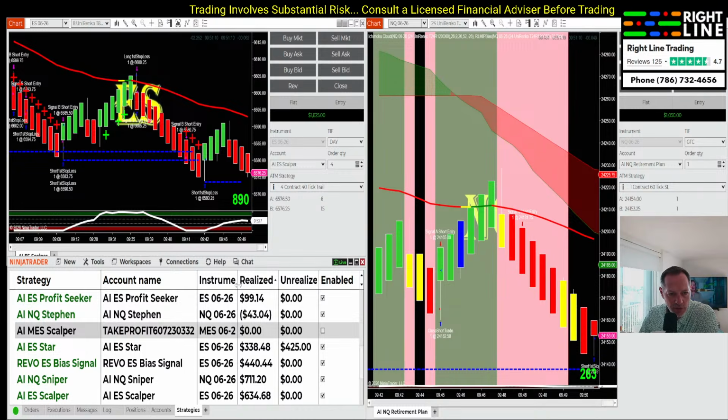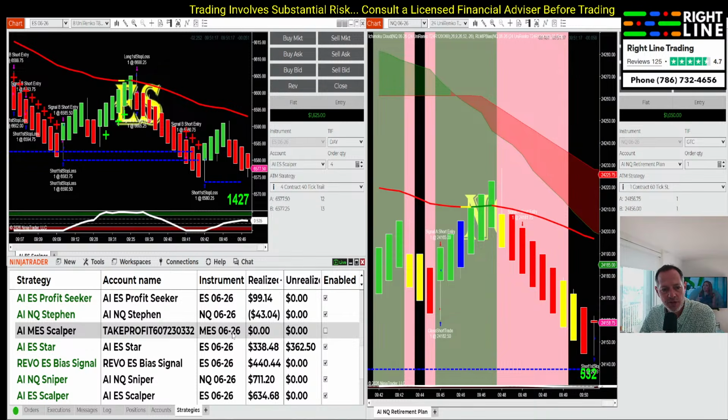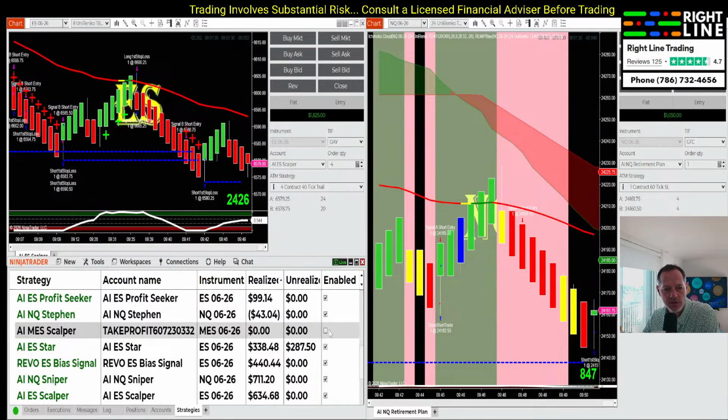What I like to do, Mark, if you start doing this real soon, always double check the instrument. Ninja has a weird thing about going back to the default instrument that you used last time, I guess. Haven't really seen a rhyme or reason why, but always check your instrument after you close there before you enable it.